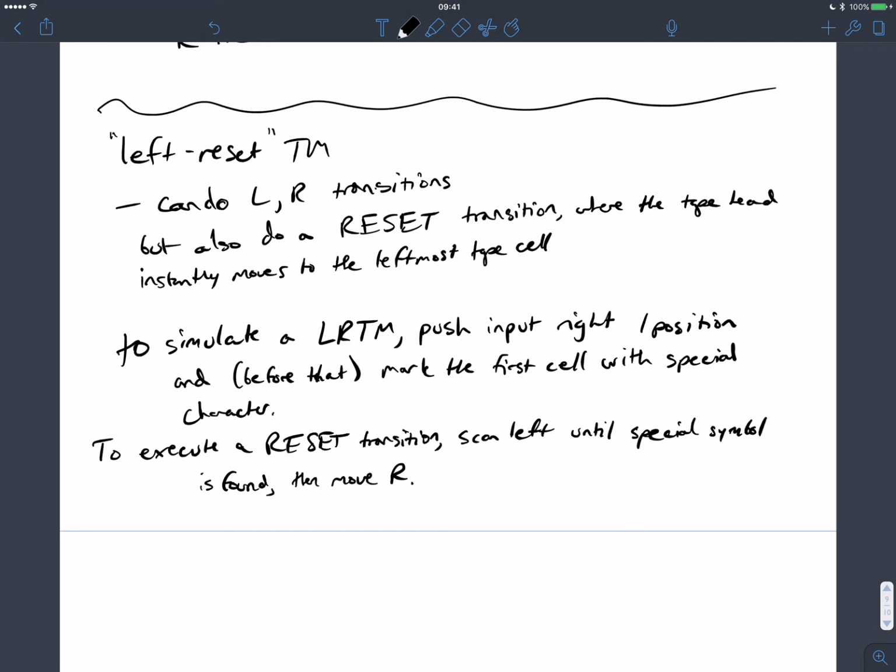I know it's a bit of a pain to write these out in English, but the idea is pretty clear. In order to simulate the reset transition, I have to have some character there to tell me where the left-hand end of the tape is, and I just scan left until I see that special symbol, then I move right one position.